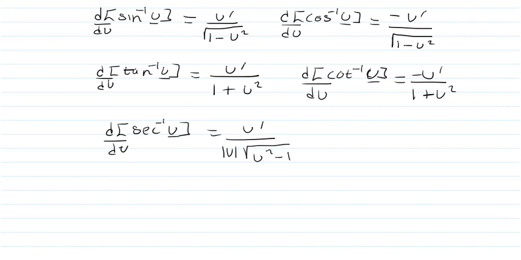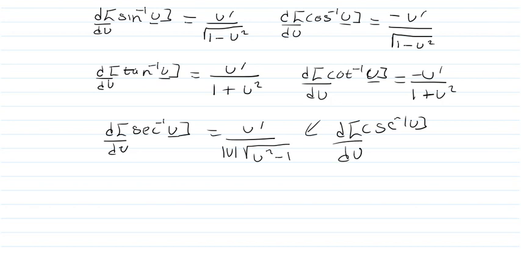Then for sec, it's u prime over absolute value of u multiplied by the square root of u squared minus 1. Meaning that for the differentiation of cosec inverse of u, it's going to carry the same format as sec. The only difference is a sign again.